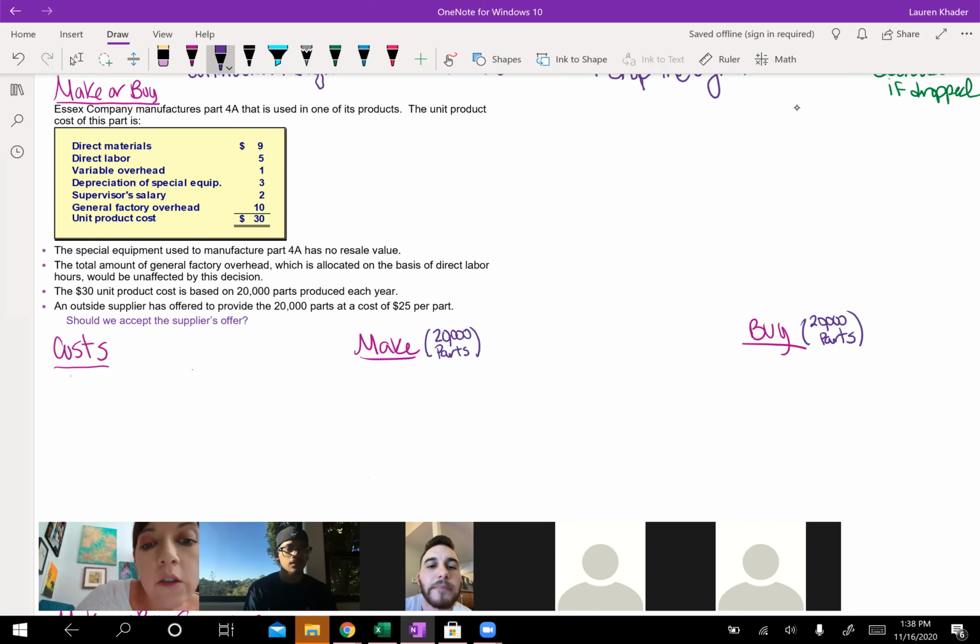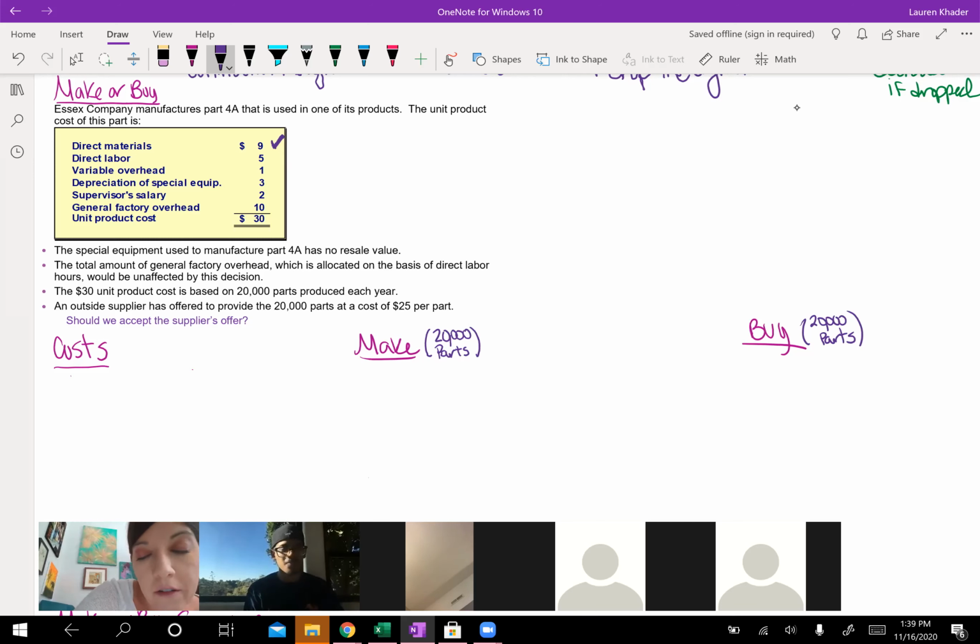Direct material costs: will we incur it if we make the part in-house? Yes. Will we incur this cost if we buy it? No. So it is going to be relevant. It's an avoidable cost.